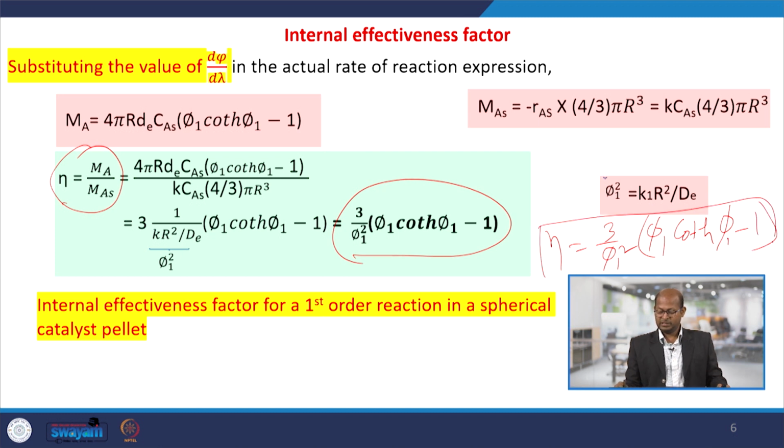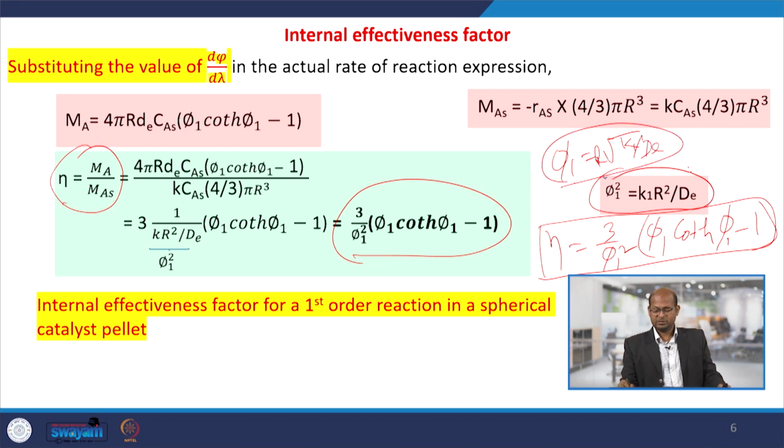So, this is the relationship between the effectiveness factor and the Thiele modulus. The Thiele modulus we can express as phi 1 equals R into square root of k 1 by D e, which we discussed in our last class.